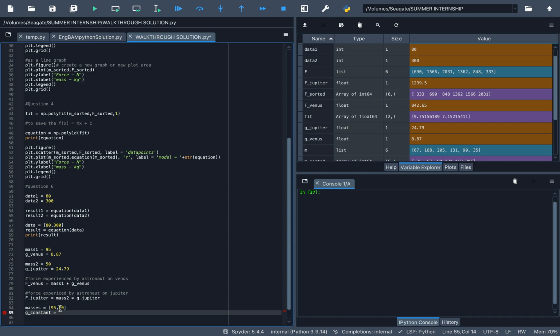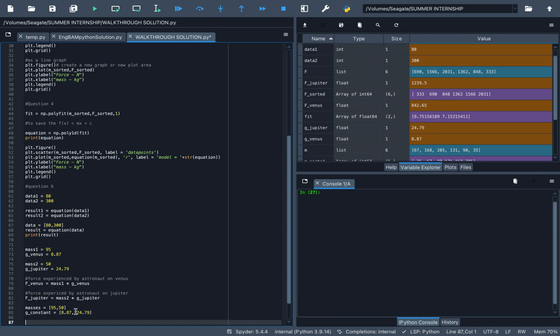is, in this case, 8.87 for Venus, because we put the weight of the astronaut on Venus first, so we have to maintain the same arrangement here. And then we put in the value for Jupiter, which is 24.79 in this case.